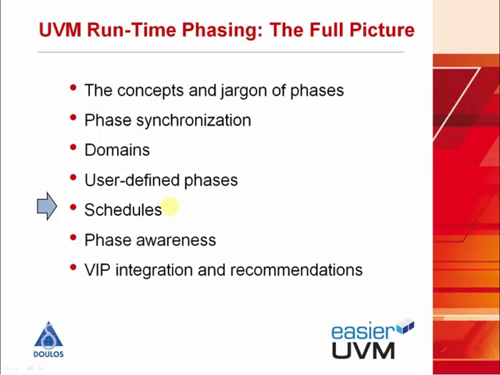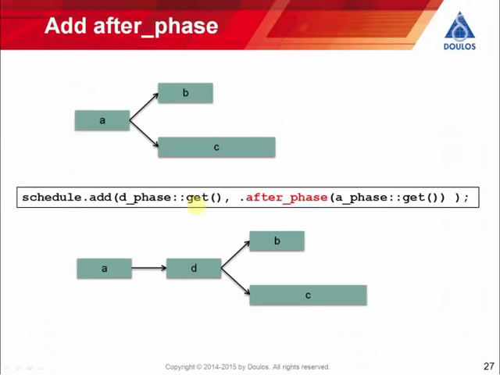So now let's take a look at schedules. Let's start this section by taking a look at this add method of the schedule. So when we call schedule.add, we can insert a new phase into an existing schedule, and this add method has three arguments: before phase, after phase, and with phase, that we can use to determine how the new phase is inserted into the existing schedule.